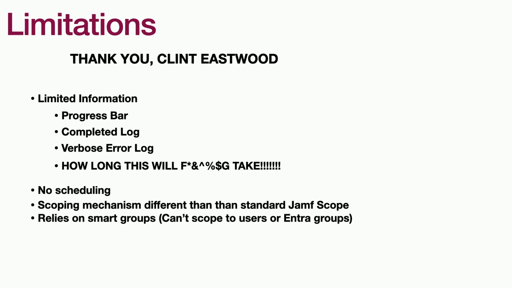But you can't do it for this, and you can only do one at a time unless you create another repository that sends it to another group. Yeah, so that is a severe limitation. Nobody wants to make a smart group with a bunch of serial numbers. Yeah, it's not fun.